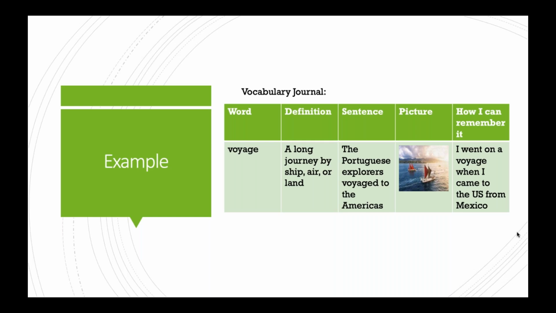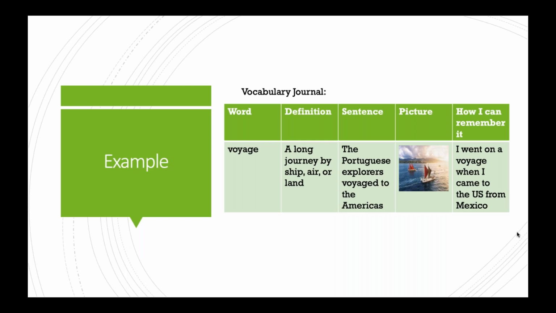And maybe going back to that brainstorming session, maybe you had a student who voyaged from Mexico to the United States, and that definitely was something they're never going to forget. It's a very unique type of trip. It truly is a voyage. So they can connect that type of experience with that concept.